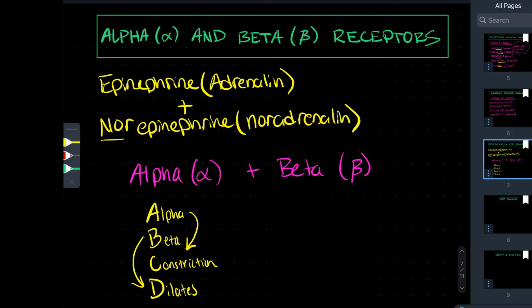Another good thing to remember is that these alpha and beta receptors are further broken down into alpha 1 and alpha 2, and beta 1 and beta 2. You can break this down even further, but that's not really in the purview of this video.